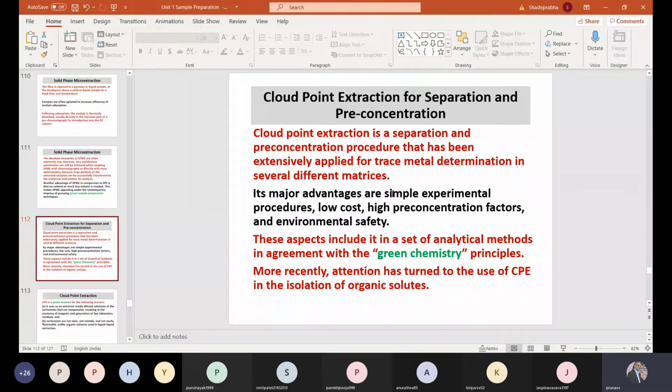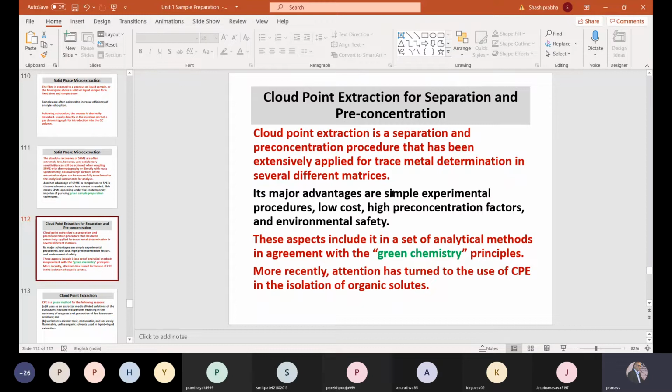Cloud point extraction is a separation and pre-concentration procedure that has been extensively applied for trace metal determination in several different matrices. It is used for separating, extracting trace metal ions, जिसका concentration 0.01% से भी कम हो, उसके लिए cloud point extraction is one such technique. It is being used in a variety of fields: in food analysis, in pharmaceutical analysis, in some environmental samples.